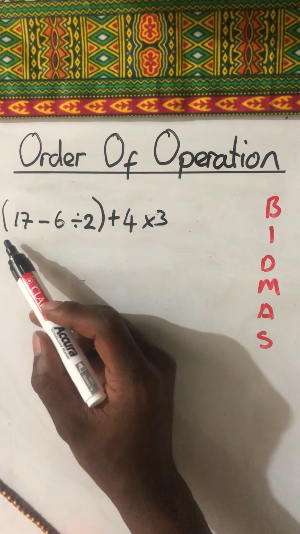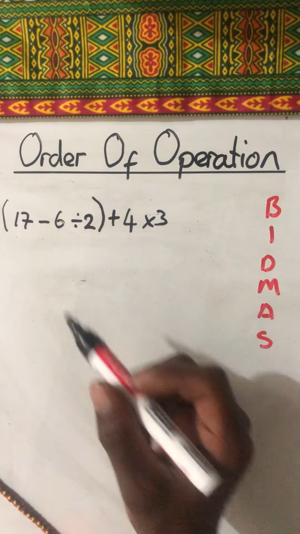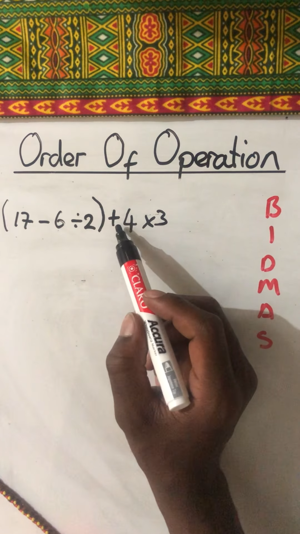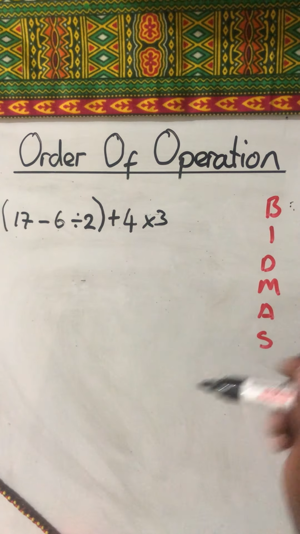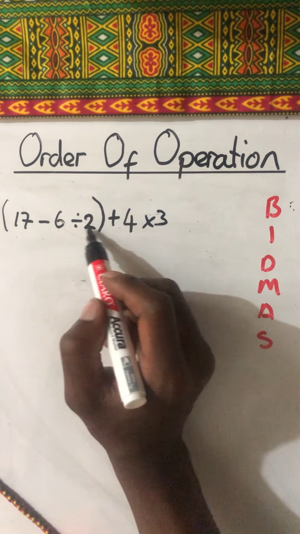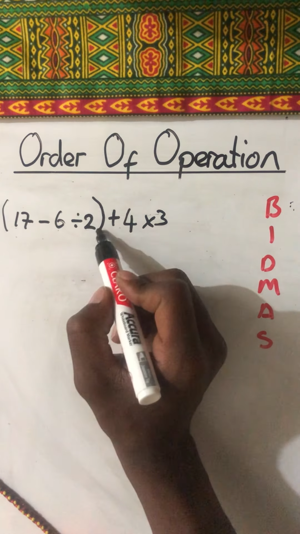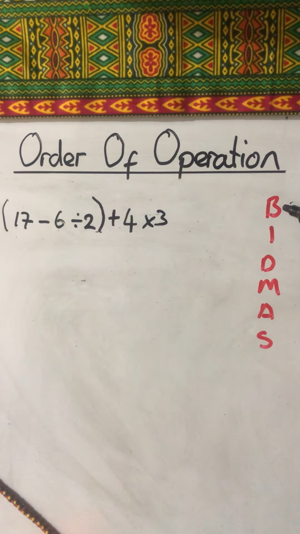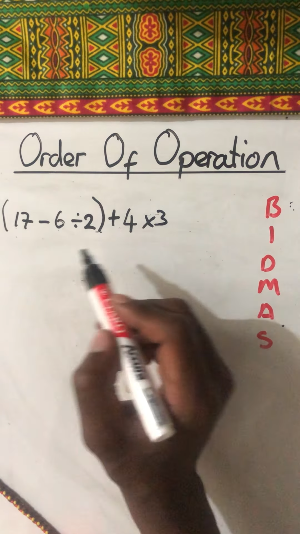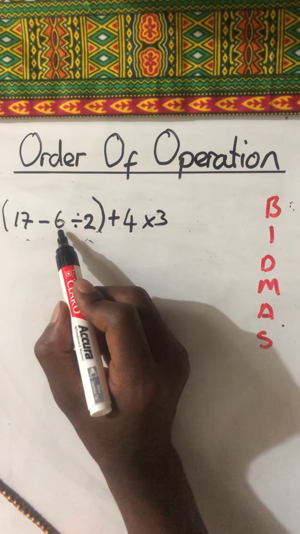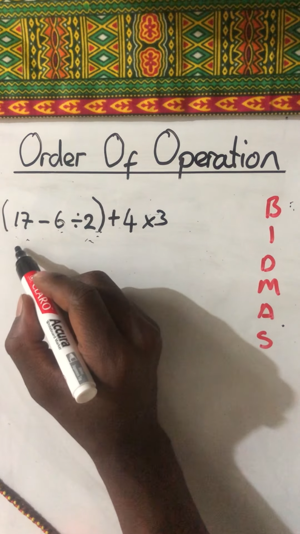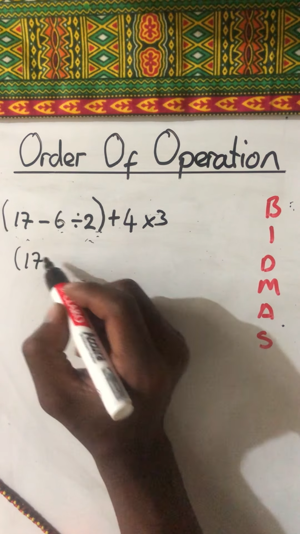So we have 17 minus 6 divided by 2 in brackets plus 4 times 3. And looking at the BIDMAS, we have to solve brackets first. So we solve what is in the brackets in here, and within those brackets we are going to apply the rule of BIDMAS. So within these brackets, we're going to say 6 divided by 2, right, which gives us 3.